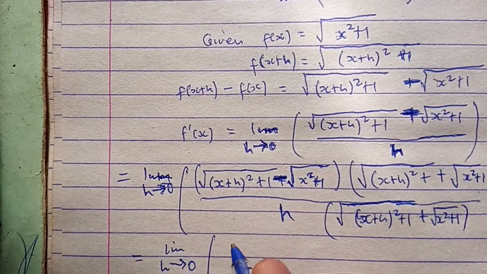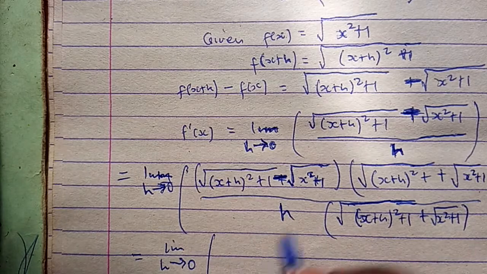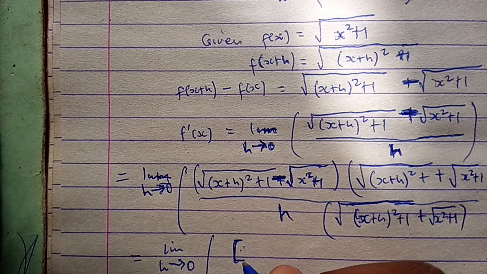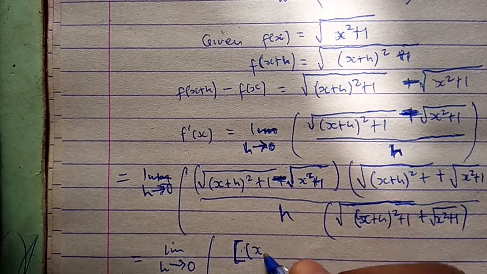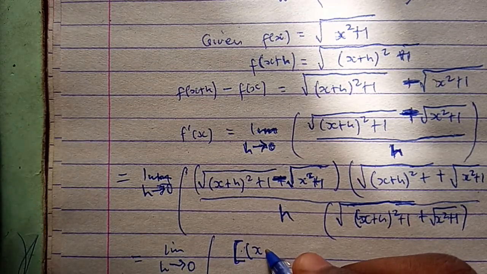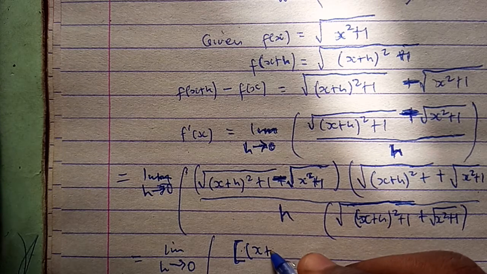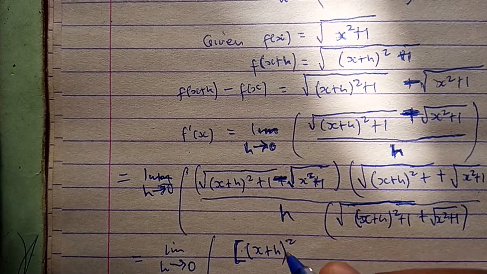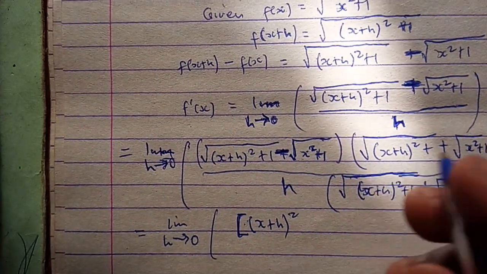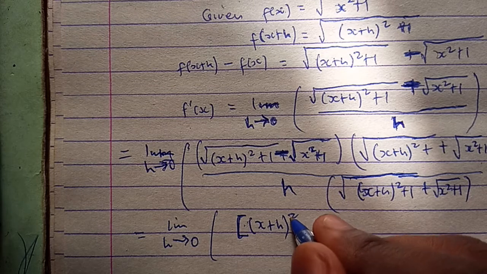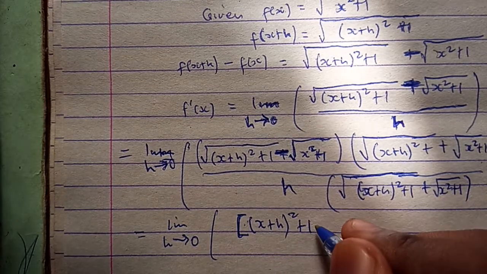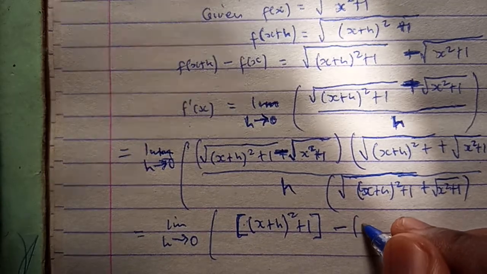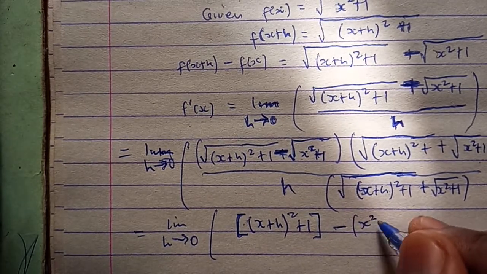The square roots will go off, so we'll get something like square bracket open, (x plus h) squared plus 1, then the square bracket close, then minus (x squared plus 1).